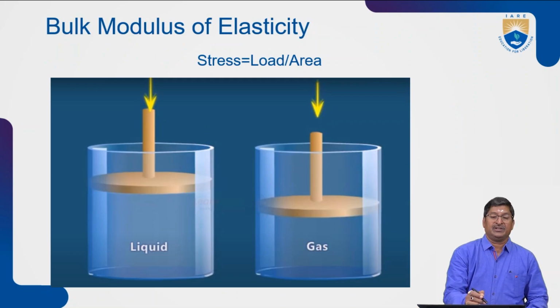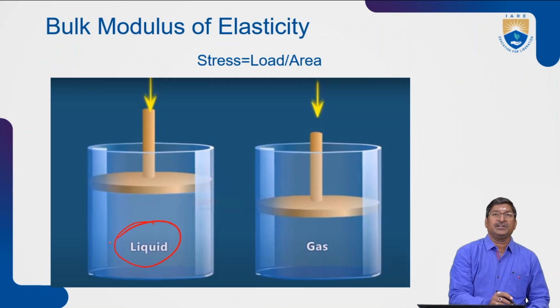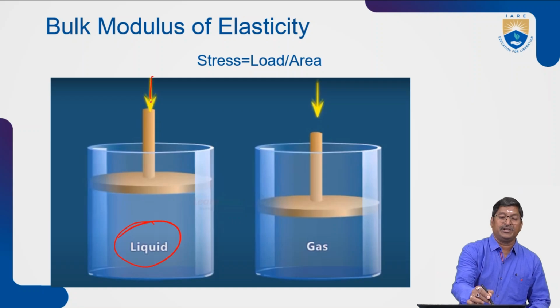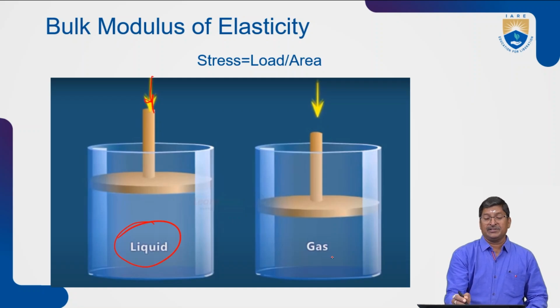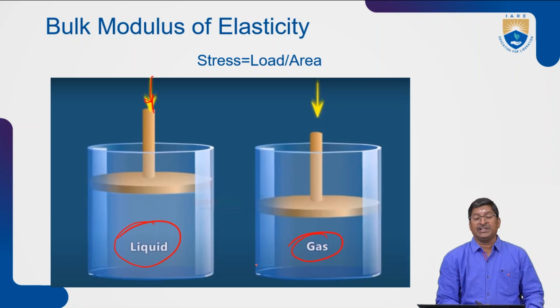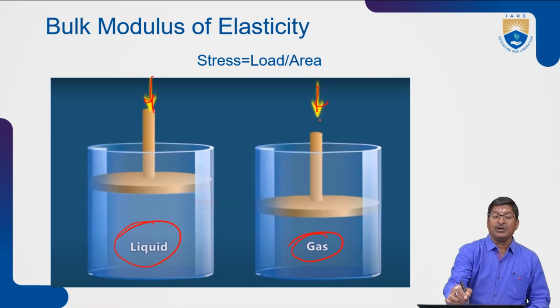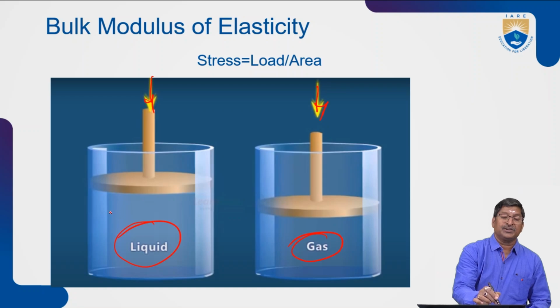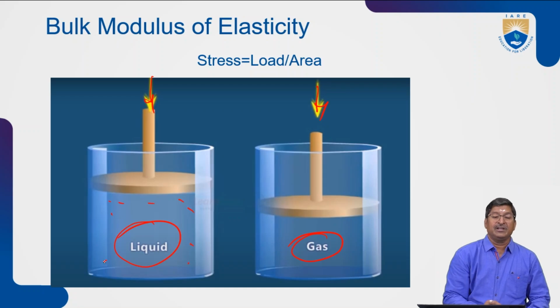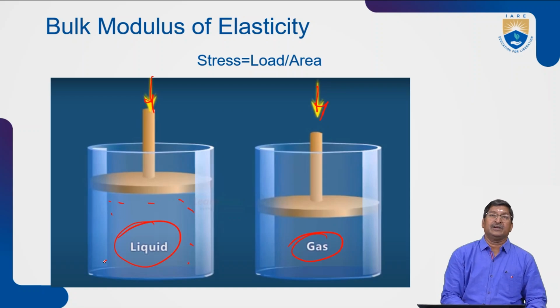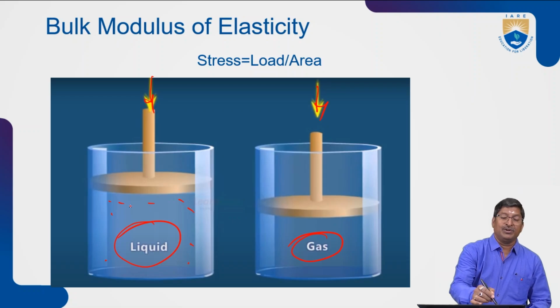You can see this figure. This jar contains a liquid and force is applied here. In another jar, we have put gas and we are applying the load here. So what will happen? The intermolecular distance in the liquid is less. Hence, for a given load, there will not be any change in the volume.